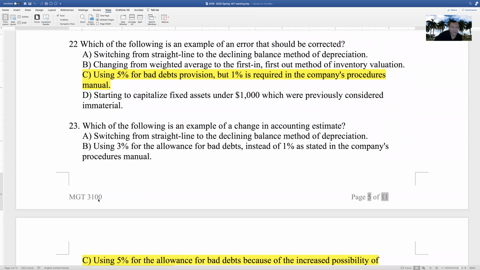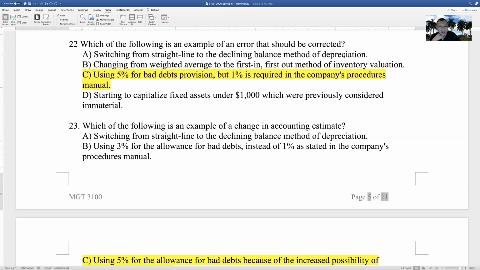Let's take a look at A, switching from straight line to the declining balance method of depreciation. So that's a change in accounting policy. B, changing from weighted average to first in, first out method of inventory valuation. Again, this is a change in accounting policy.